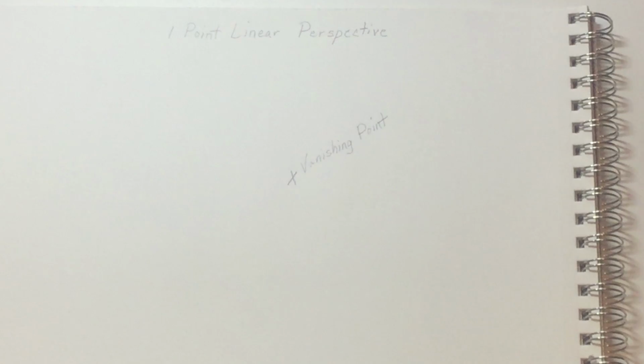The very first thing that we start with is called the vanishing point. In one-point linear perspective, there is one vanishing point. Basically, if you had to define it, it is the point in the distance where your eye is looking.